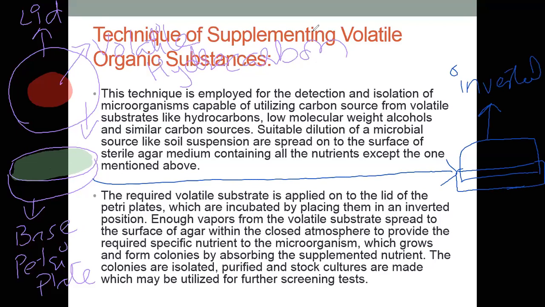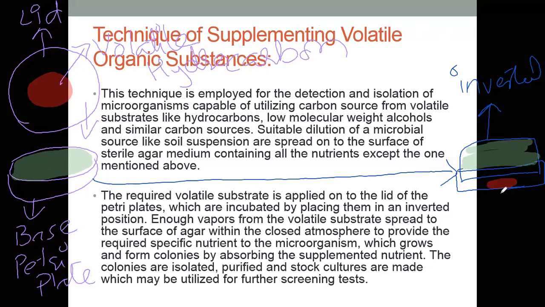But do keep in mind that this is the same plate, so there is a volatile compound here on the lid, like it was there. And then there is sample which was placed on the Petri plate, so there is sample here. It's the same plate now placed inverted, right?